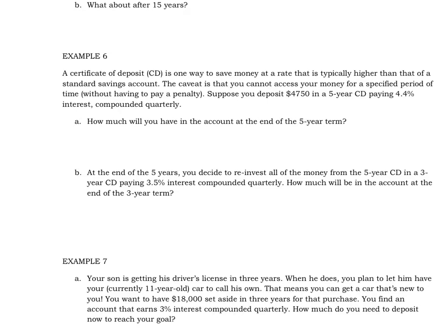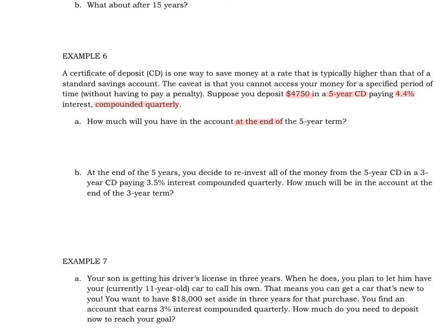Suppose you deposit $4,750 in a 5-year CD, paying 4 4/10% interest, compounded quarterly. How much will you have in the account at the end of the 5-year term?